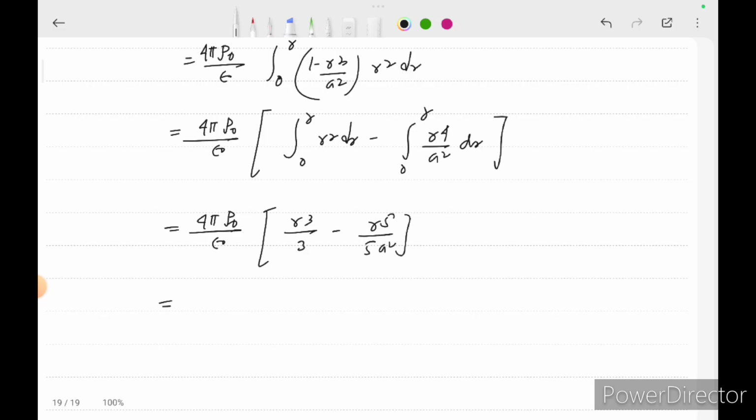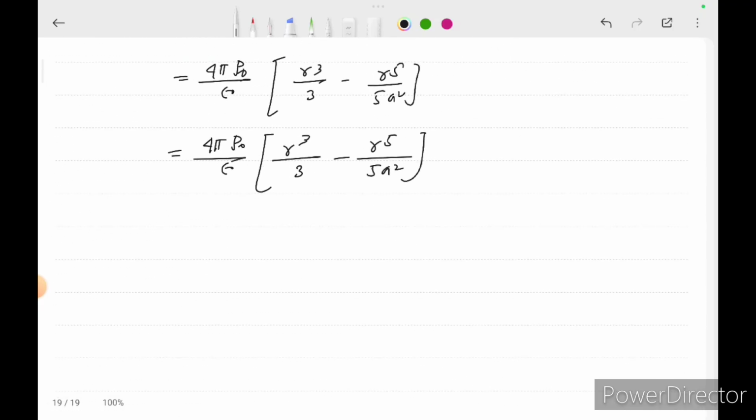So finally we get 4 pi rho naught upon epsilon naught times (r cubed upon 3 minus r to the power 5 upon 5a squared).